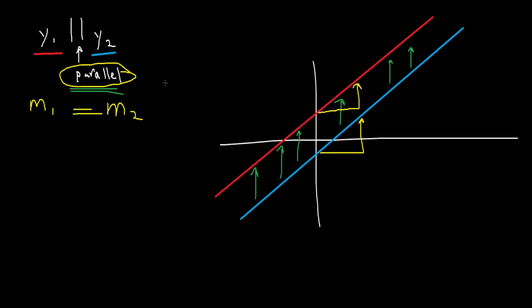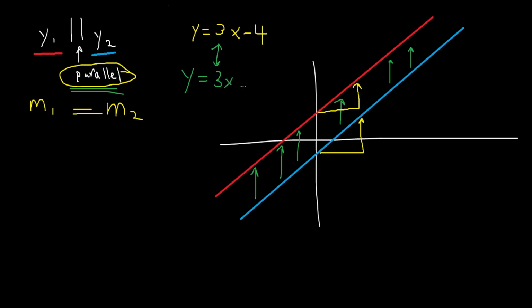So if two lines are considered to be parallel, then you could just treat their slopes as the same. So let's say I have y equals 3x minus 4. And I want to make up a line that is parallel. So I could say y equals 3x, because now the slopes are the same.